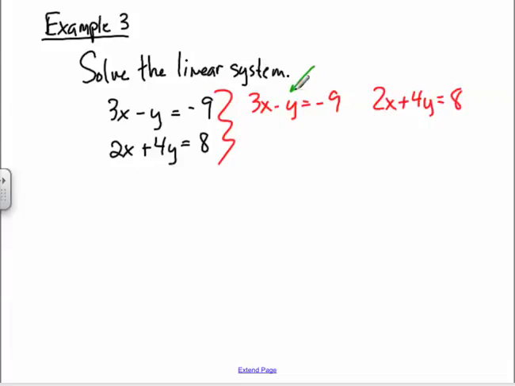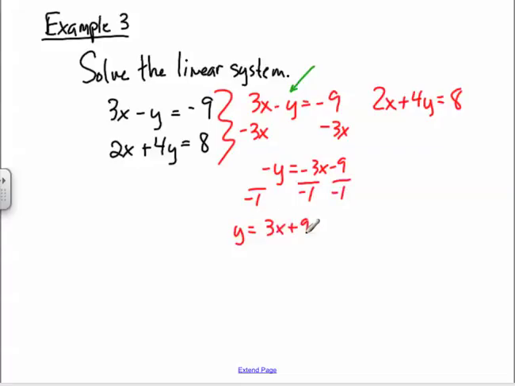So I am going to subtract 3x from both sides here, and I'm going to be left with negative y is equal to negative 3x minus 9.